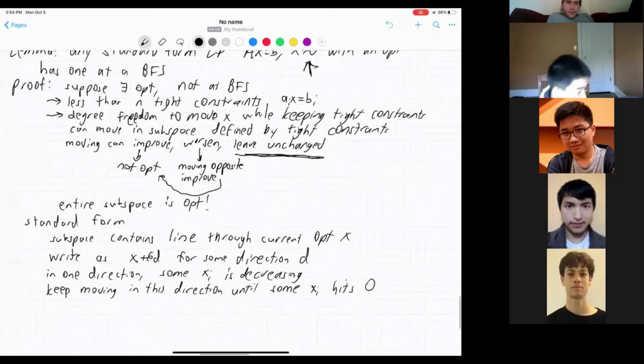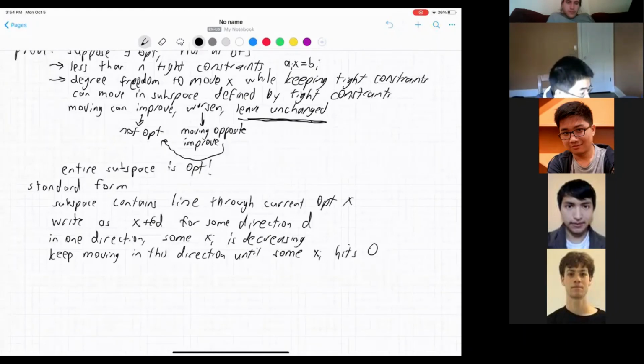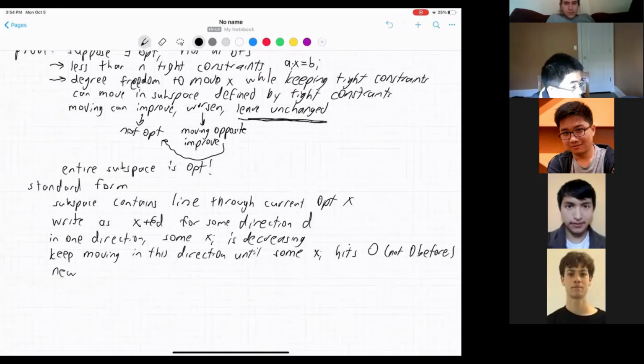So what does it mean that some x_i has hit 0 that was not previously 0? We made another tight constraint. Exactly. We now have a new tight constraint. So if I am at an optimum and it is not a basic feasible solution, I can move to make a new tight constraint. So now just repeat until, well, until what?